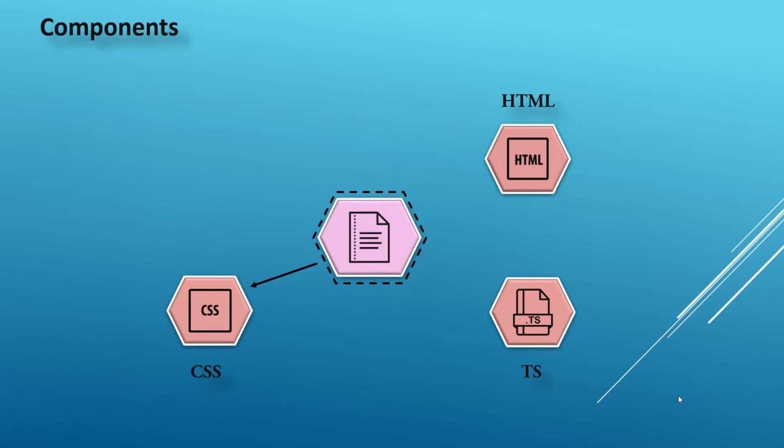Whenever you are creating a component, you will get one CSS file as well, and then the spec file also will be there. Whenever you are seeing a spec file, it is where you need to create unit tests. Okay, you need to write unit tests for your component.